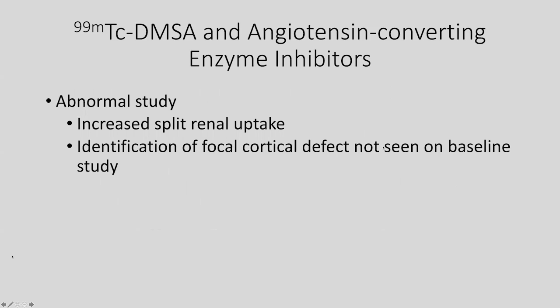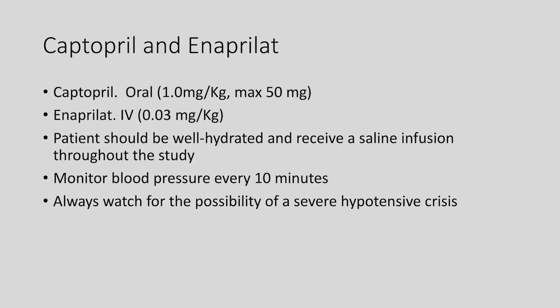An abnormal study after using angiotensin converting enzyme inhibitors results in an increased split renal uptake and identifies focal renal defects that are not seen on baseline studies. Captopril can be given orally at 1 milligram per kilogram, and enalaprilat is given intravenously at this dose.